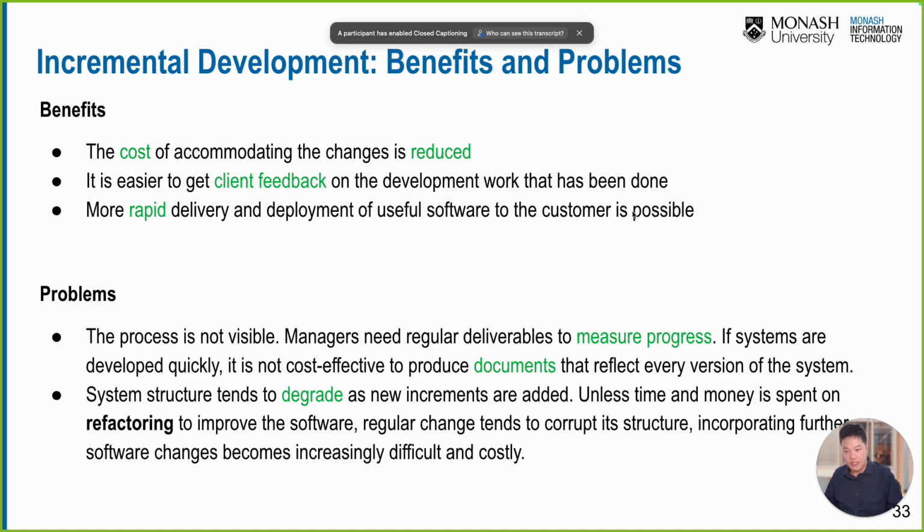System structure tends to degrade as new increments are added, unless time and money is spent on refactoring to improve the software. Regular change tends to corrupt its structure. Incorporating further software change becomes increasingly difficult and costly. So it's one approach, but not the ideal yet.